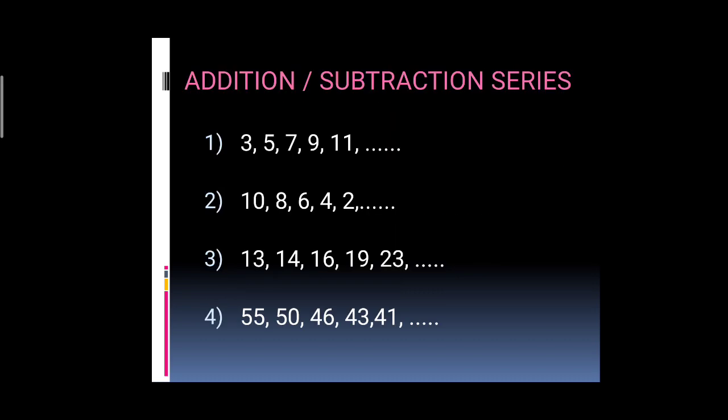Okay, so addition and subtraction series. First of all, in number series we have to understand whether the series is increasing or decreasing, right? Now see the first series. What is the difference in the series?